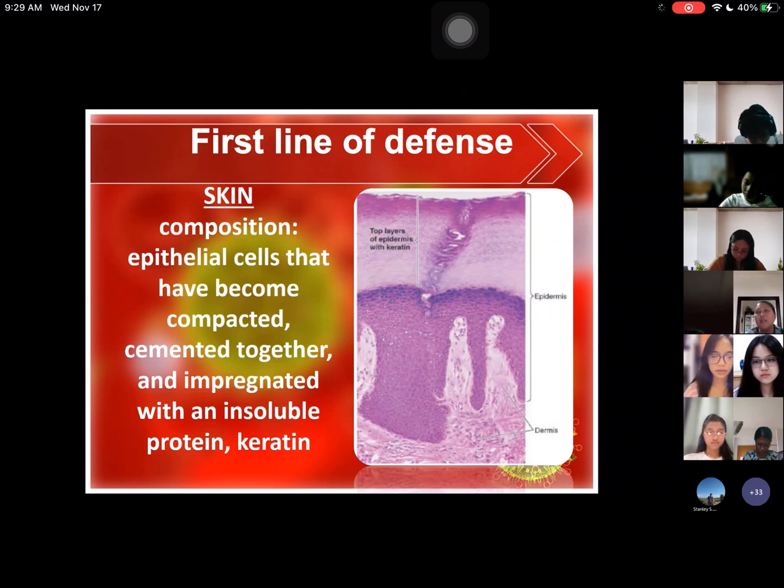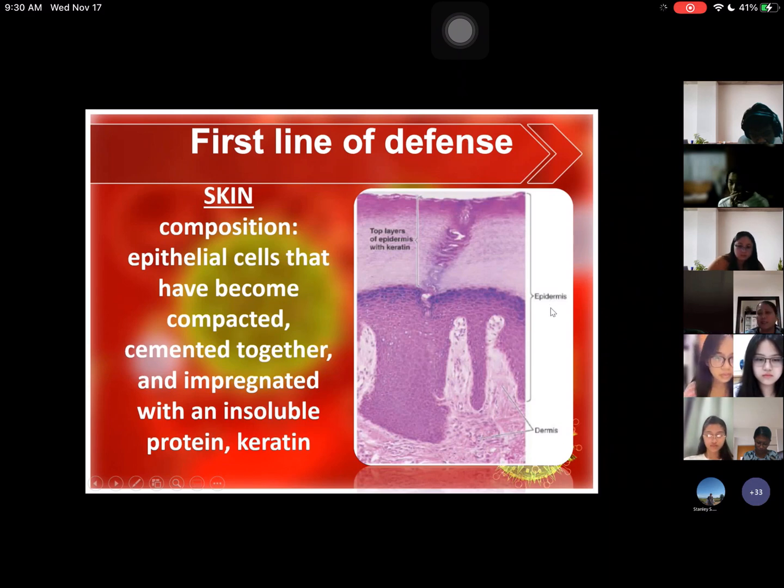These are the non-living layers of the epidermis; keratin is actually non-living, dead skin that usually has an acidic pH, so the pathogens or microorganisms cannot survive, especially the anaerobic ones. In our skin, we have the upper or superficial layer, which is the epidermis.